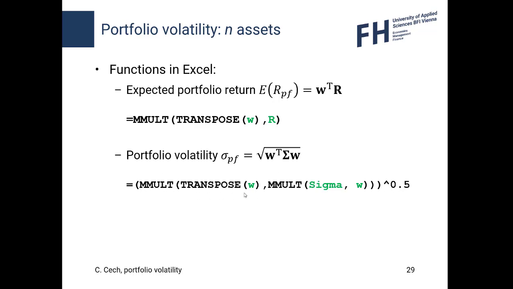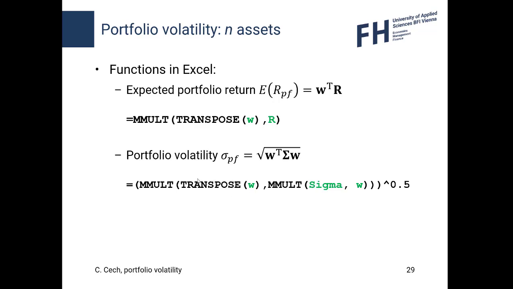And what we find here is the Excel code for the variance, the thing that we find here under the square root. We want to multiply the transposed vector W, this is this guy, and we cannot multiply 3 matrices in a row, and because of this we have to write it like this.